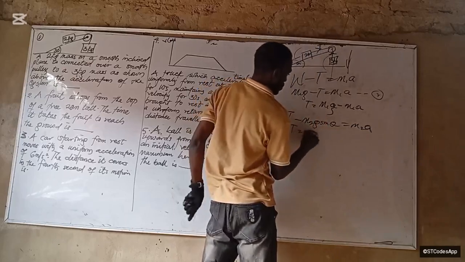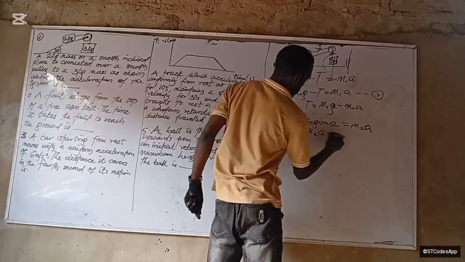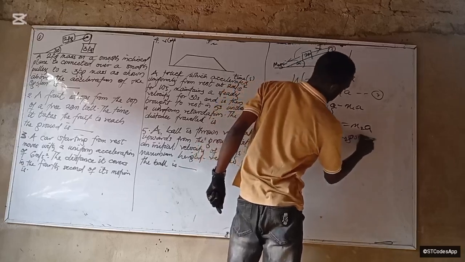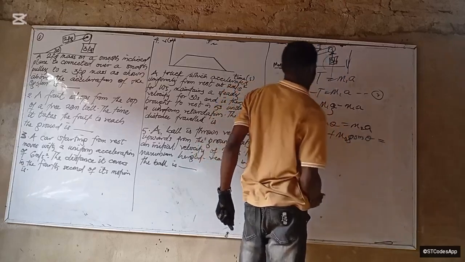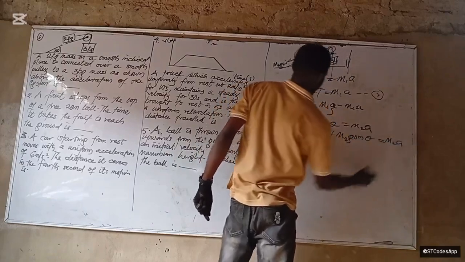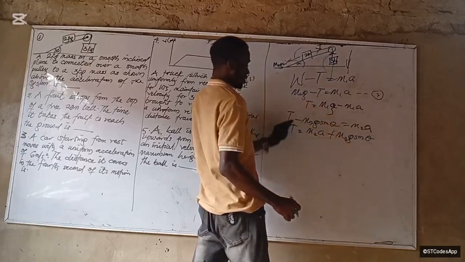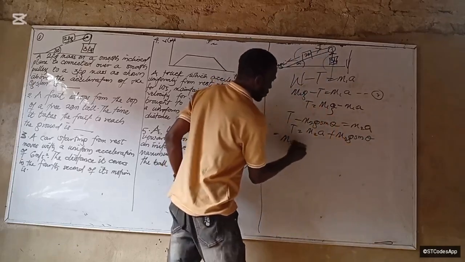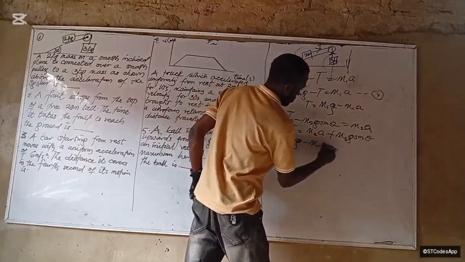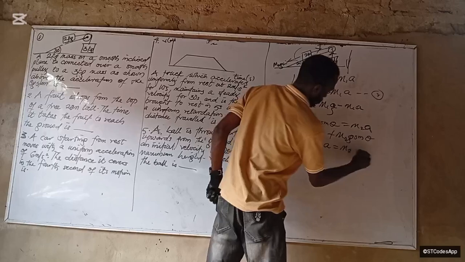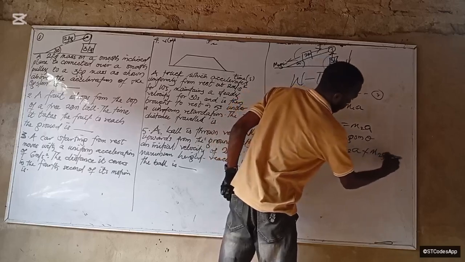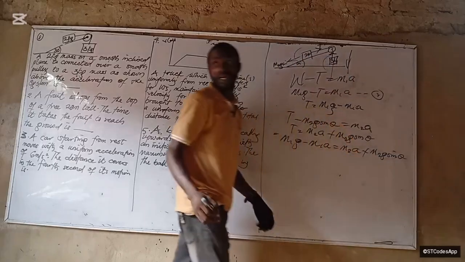So tension here will be equal to m2a plus m2g sine theta. Tension is tension, right? So m1g minus m1a is equal to m2a plus m2g sine theta. Are we here?